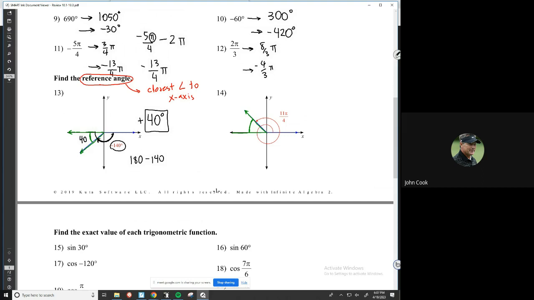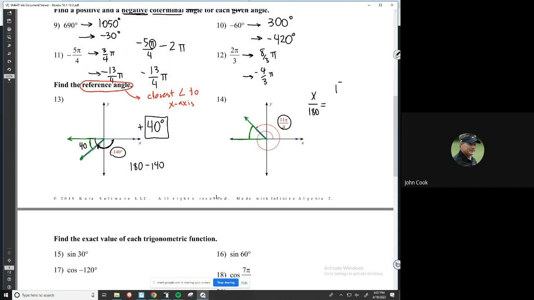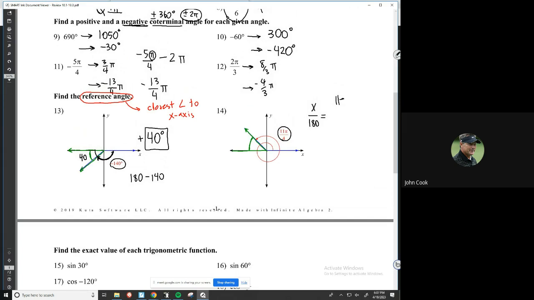So how do I get to this one over here? Oh my gosh, I have no idea. Well, first off, radians. You can always convert it to degrees if you want. Let's convert it to degrees real quick. So x over 180 equals my radian value, 11 pi over 4, divided by pi. And remember that all that does is get rid of the pi.